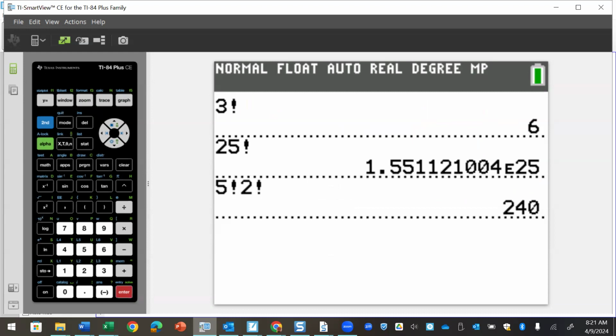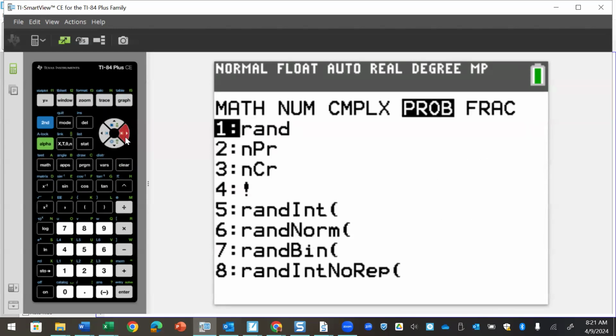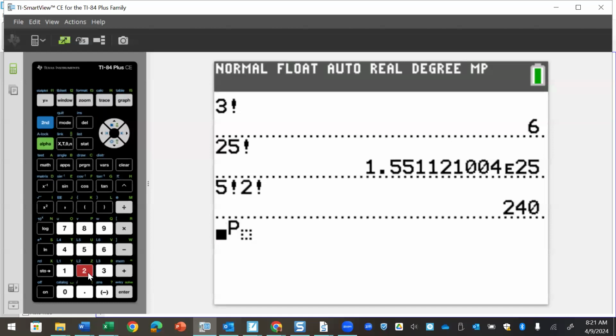Oh, gotta show you how to do this. All right, so you're gonna hit math, probability. Math. And if you hit number 2, depends on the calculator, mine gives me 2 little spaces to fill the 3 and the 2. 3.